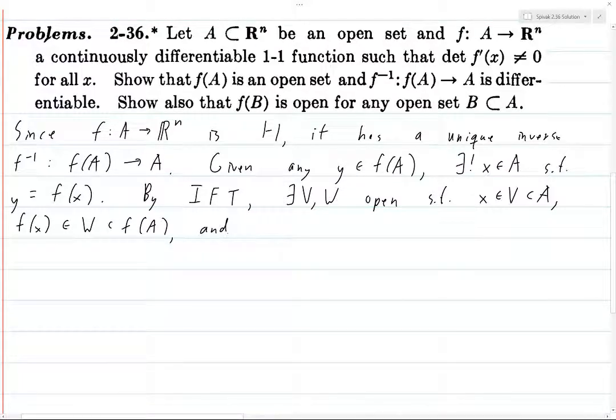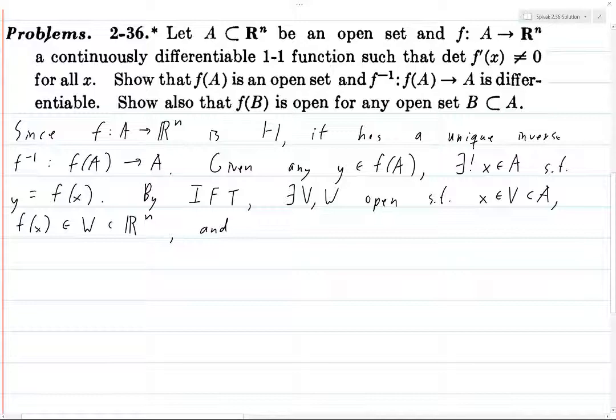For the inverse function theorem, W is actually technically a subset of Rn, I think. Is that a problem? No, I don't think so. So I'll need to keep this in mind, but I think it's a quick change.